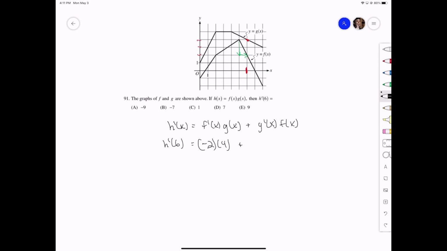And then what's g prime of 6? It's a straight line again, so we want to find the slope of this straight line. I can see that it goes down 1 and over 2, so that is negative 1/2. And then f of 6 is right here, that's 2. So negative 8 minus 1 equals negative 9. A is the answer.